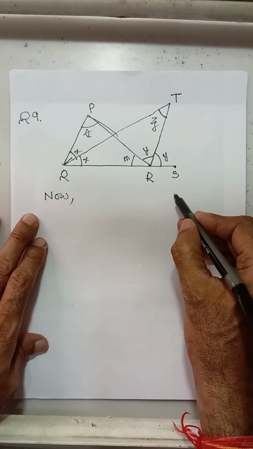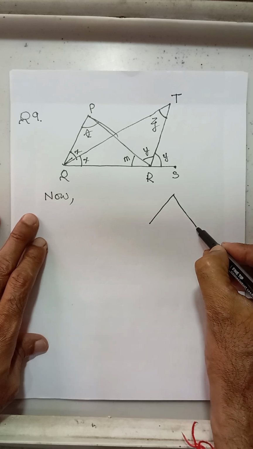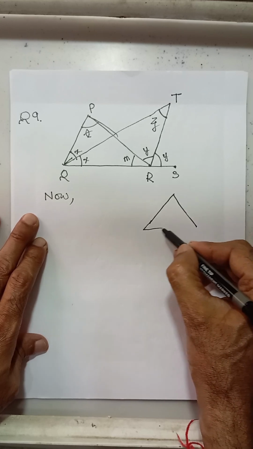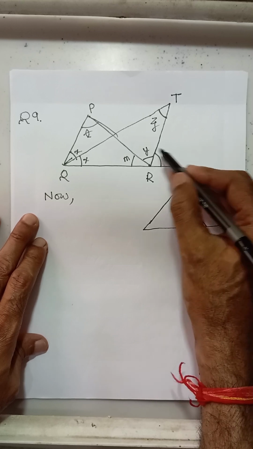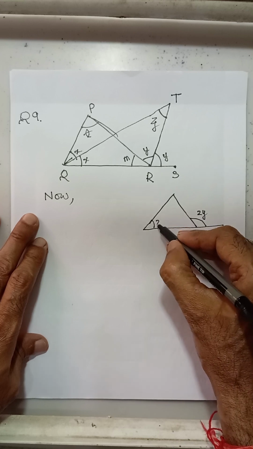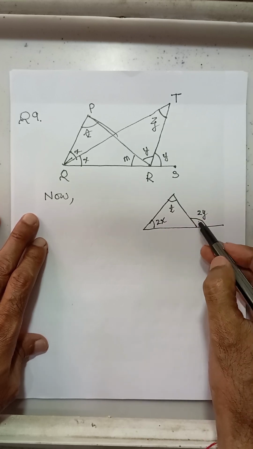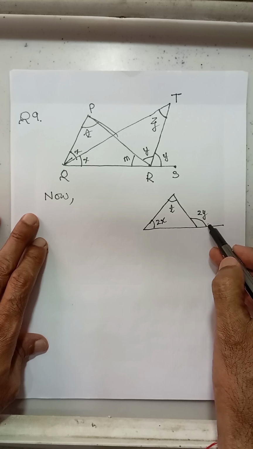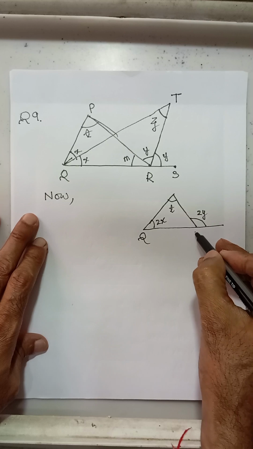So look at this triangle. Here the angle is 2Y because Y plus Y is equal to 2Y. Here the angle is 2X and here the angle is T. Therefore, the external angle of a triangle is equal to the two opposite internal angles.